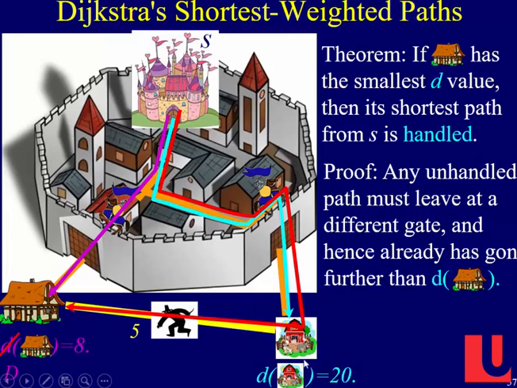So by our loop invariant, we know that this d equals 20 is the length of the shortest handled path to get here. Why is it bigger than 20? Because 20 is bigger than 8, because 8 was our smallest one. So this path here has length at least 20. Now, if this edge had length negative 1,000,000, then this would be a better path, but we don't have negative weights. Are people buying this?